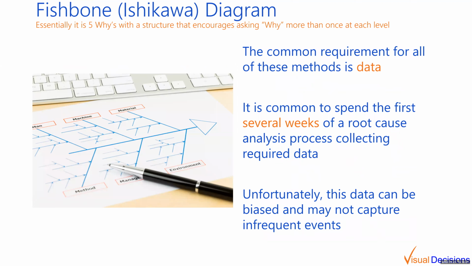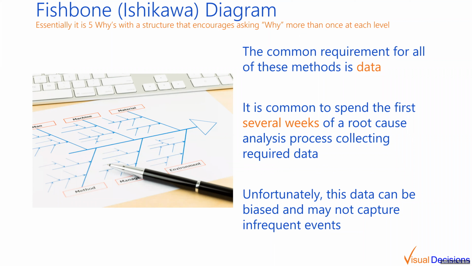So the next method is the Fishbone or the Ishikawa diagram. In this method, you show the problem to the right side of the diagram, over here in this little triangle on the right side. And then you try to determine all the contributing factors to the problem.